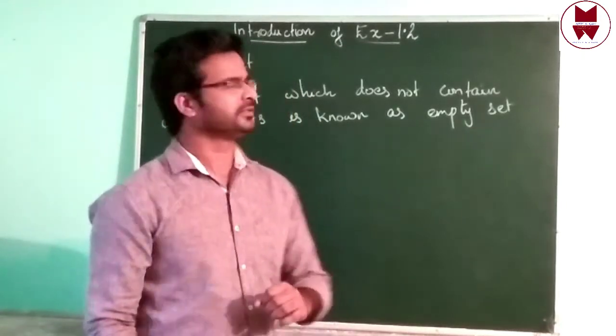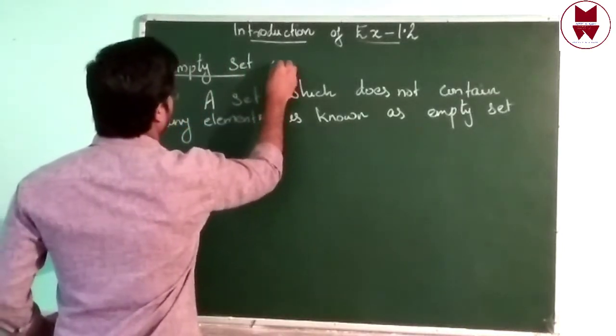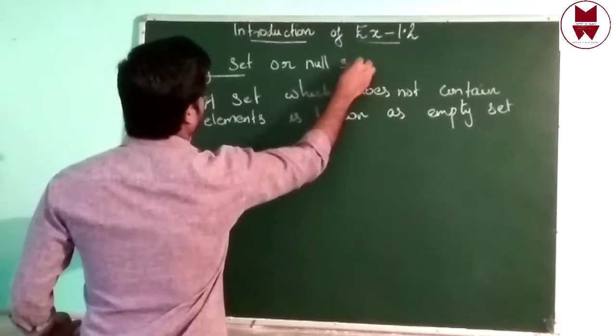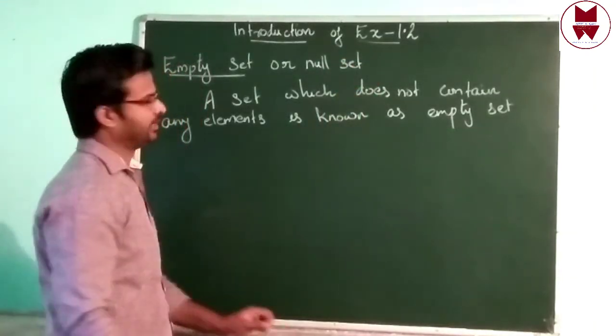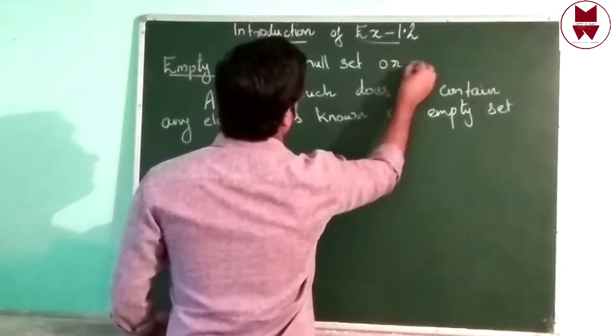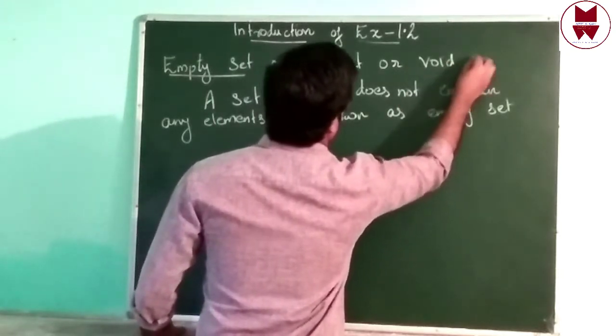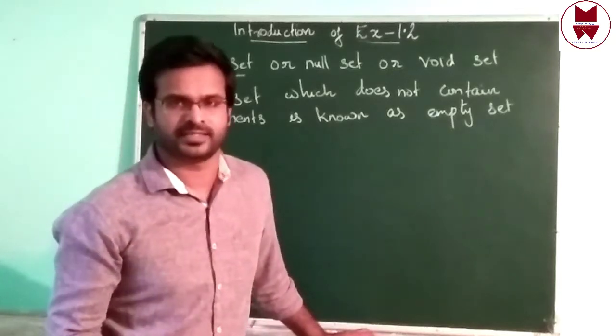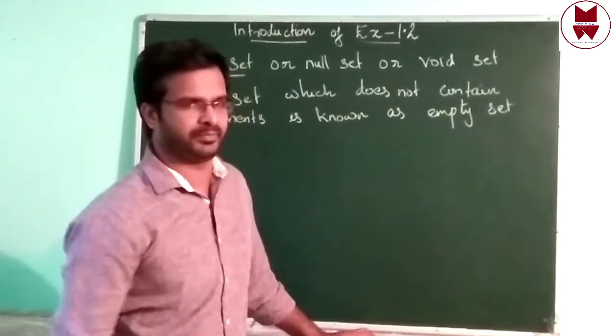Then the empty set, we can also say null set. Another name, null set, otherwise void set. Three names: empty set, null set and void set. All have the same meaning.